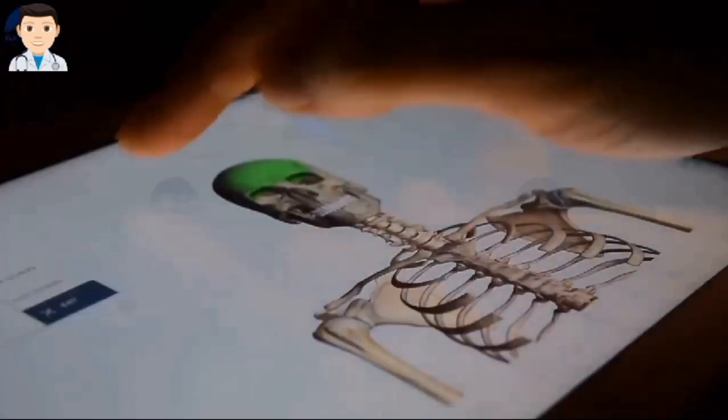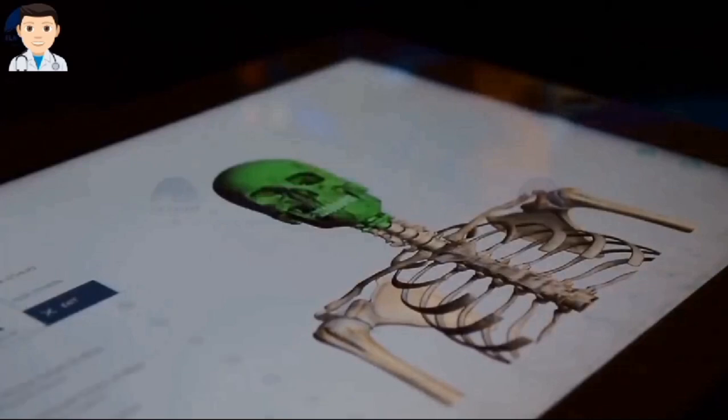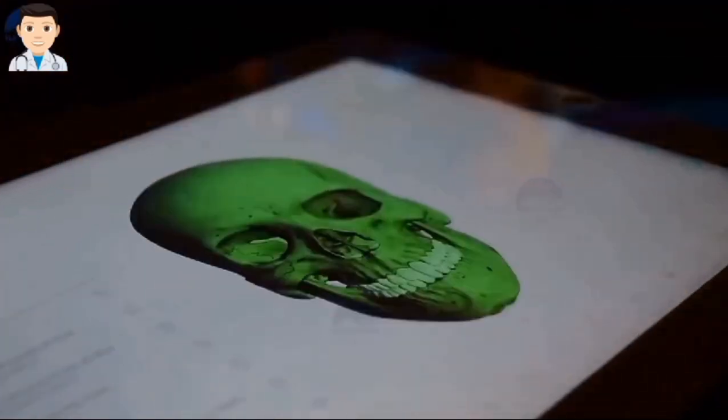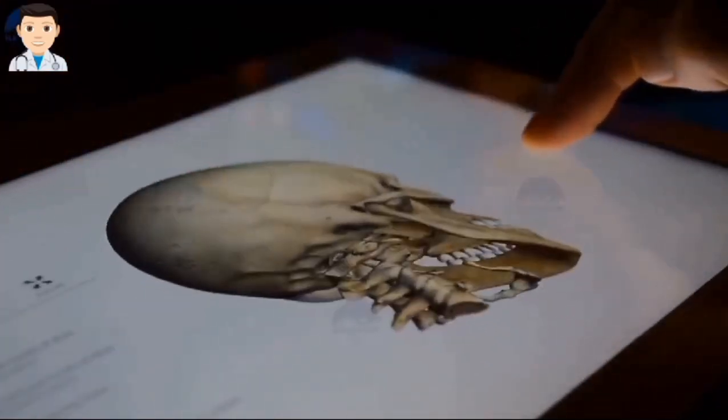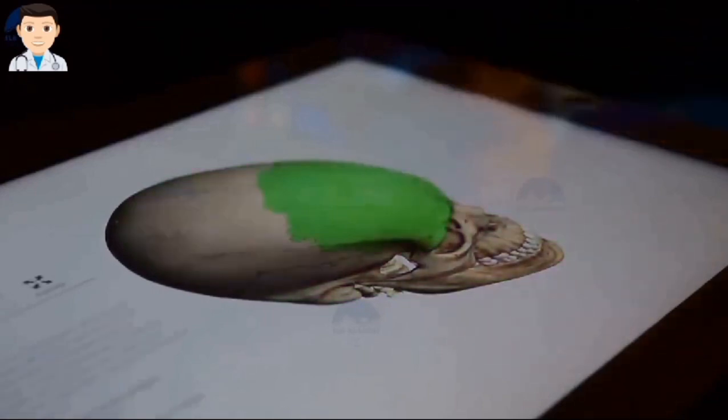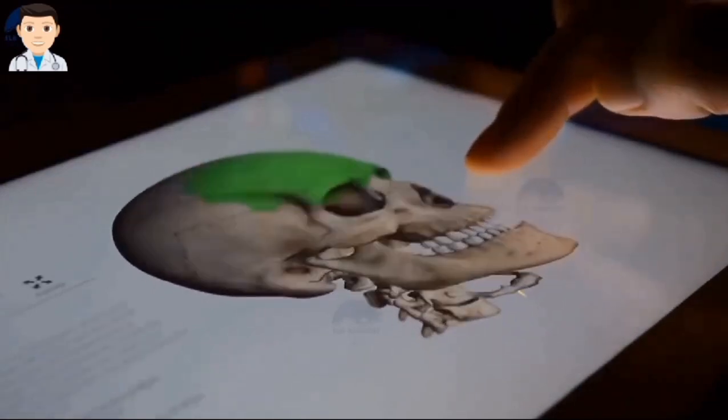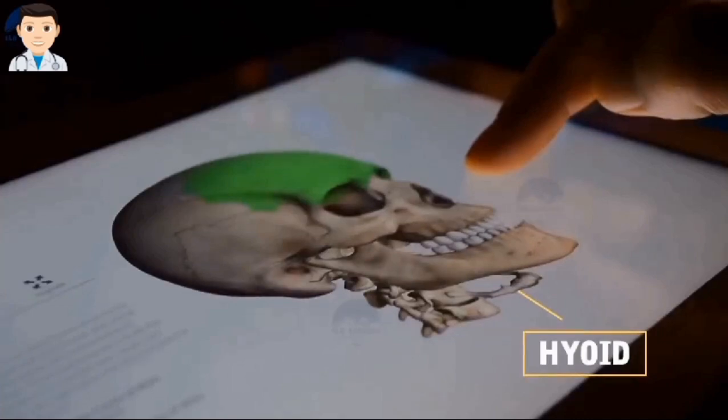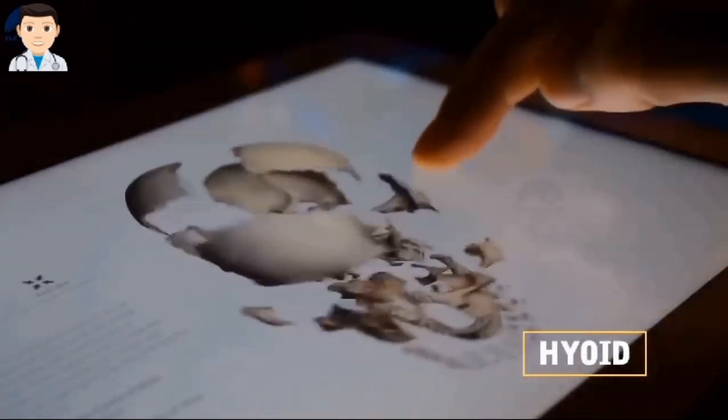A single U-shaped bone called the hyoid is placed at the base of the buccal cavity, and it is also included in the skull, and it is responsible for holding your tongue in place. The hyoid is the only bone in the human body that is not connected to another bone.